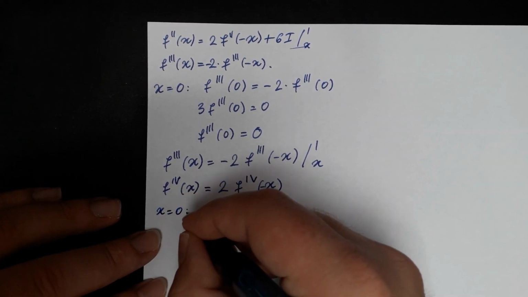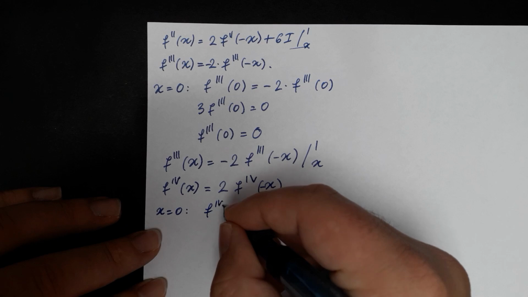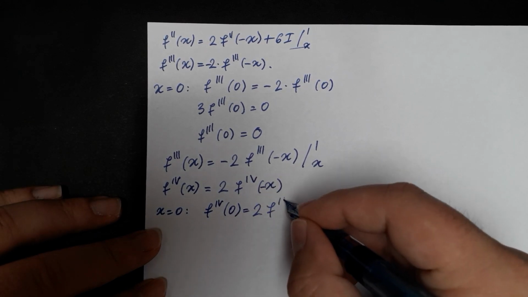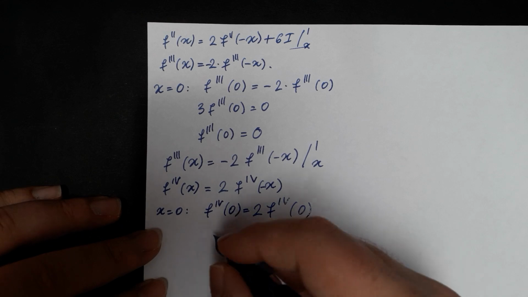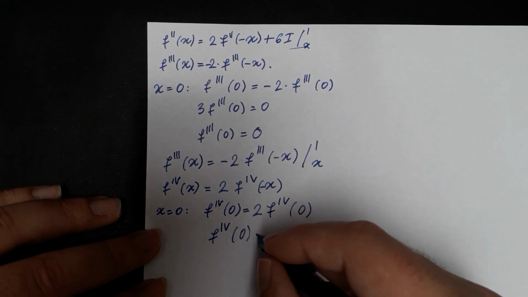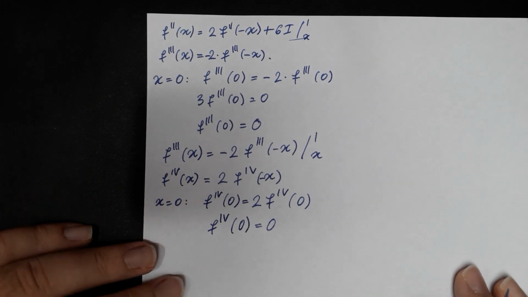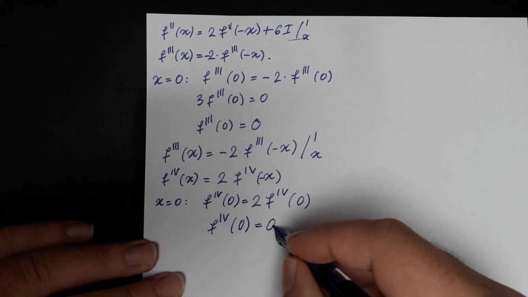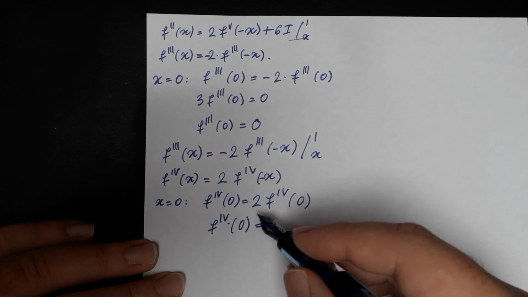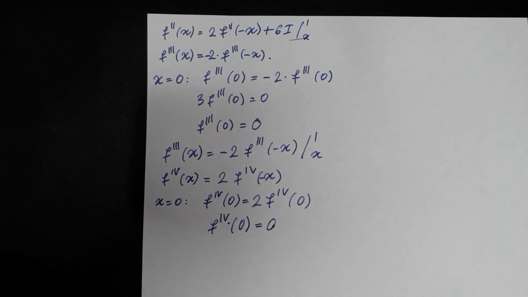And by evaluating at 0, I get f fourth derivative at 0 is equal to 2f fourth derivative at 0. Basically, I again get that f fourth derivative at 0 is 0. So this 0 is going to repeat again for the fifth derivative, sixth derivative, and all of them.